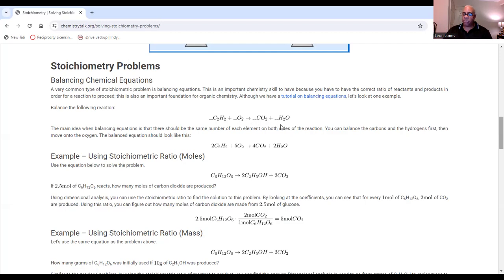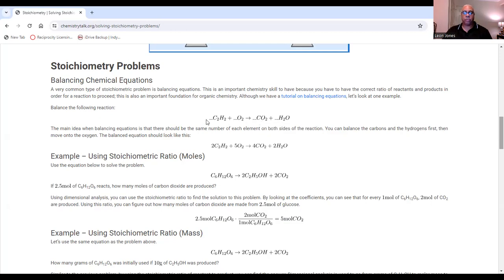But when I look on my right side, I have three oxygens. So what am I going to do to balance this equation? Well, I'm looking at what I have here. All right, because I have a carbon here and a carbon here, I need to balance this equation. So again, I can have the same elements on each side.